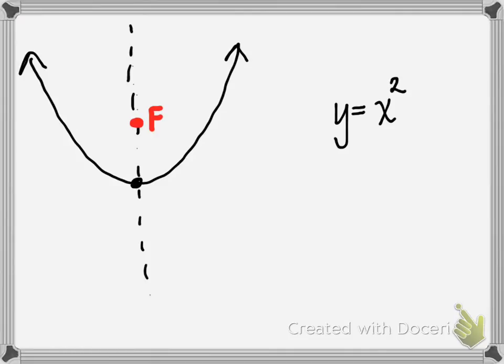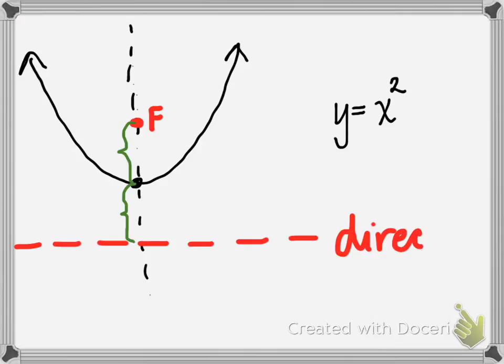But in addition to a fixed point, parabolas also have a fixed line. So the fixed line is called the directrix. And if we were to measure the distance from the vertex of the parabola up to the focus, and then go that same distance the other direction along the axis of symmetry, the other direction from the vertex, we would land on the fixed line, and this fixed line is called the directrix.